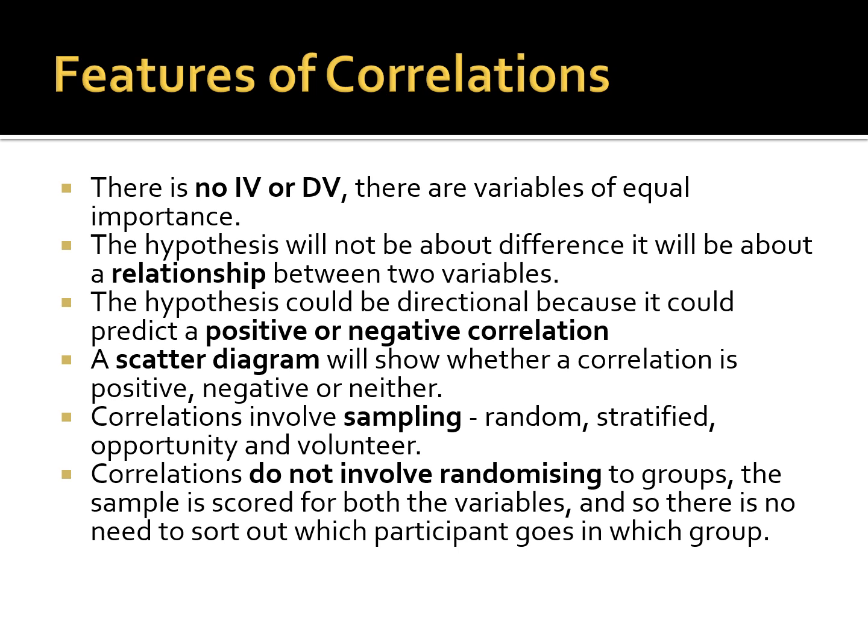The hypothesis can be directional because it can predict a positive or negative correlational relationship. So there is a positive relationship between anxiety and caffeine, or there is a negative relationship between anxiety and caffeine, and things like that.